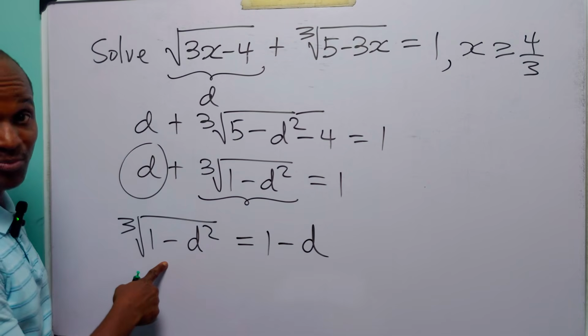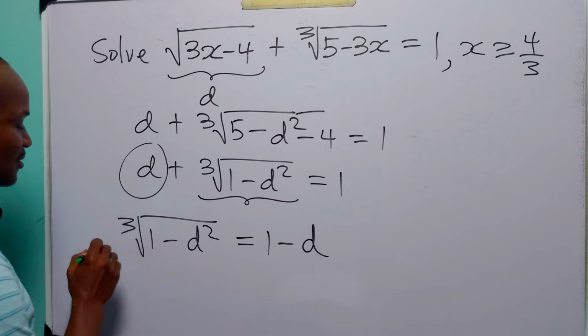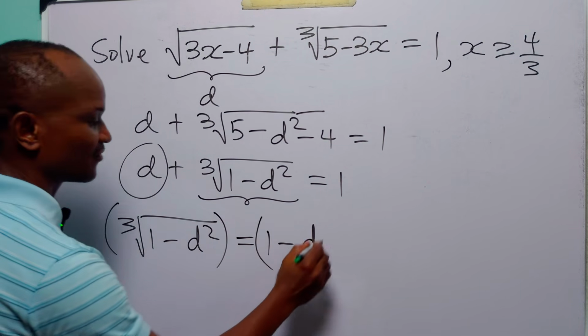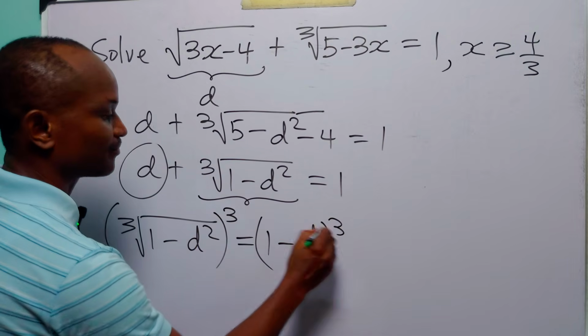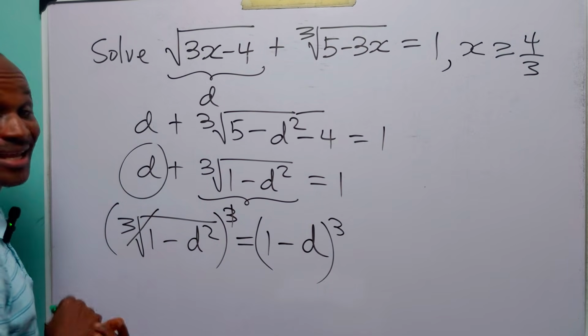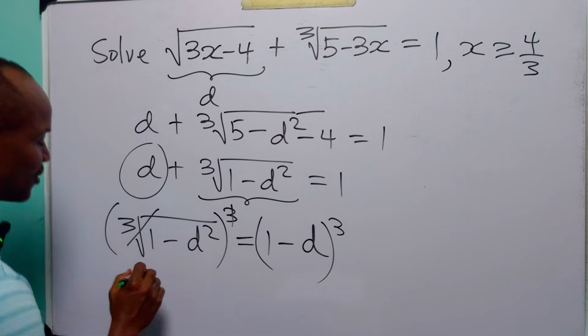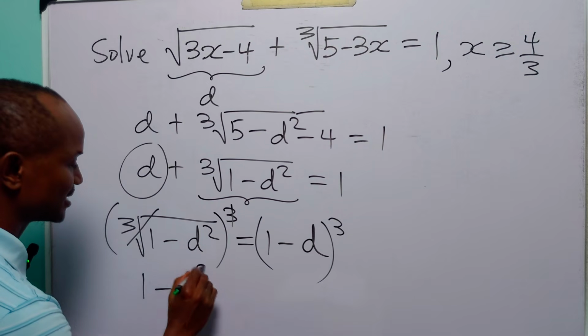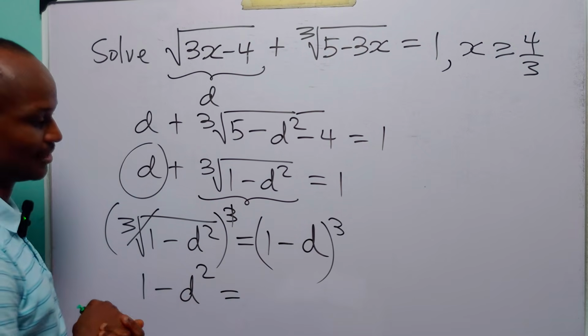And of course, at this point, to get rid of this cube root, we raise both sides of this equation to power 3. This is going to take care of that, leaving us with 1 minus d squared on the left-hand side.